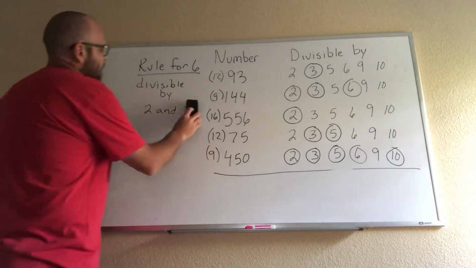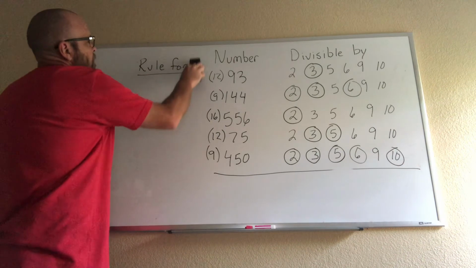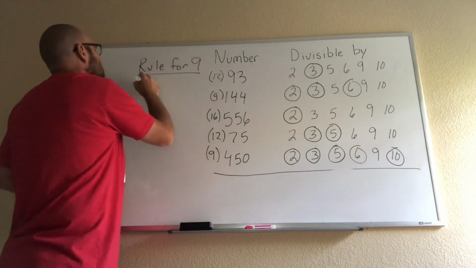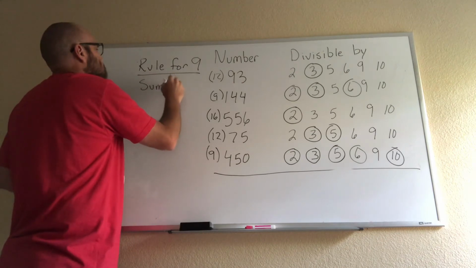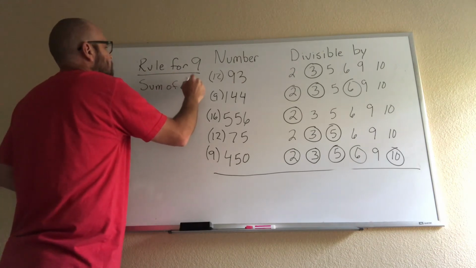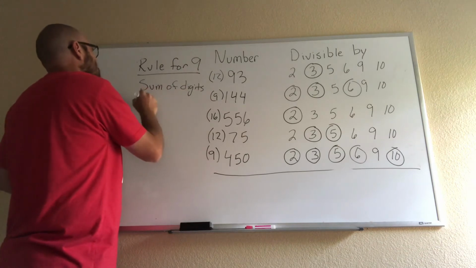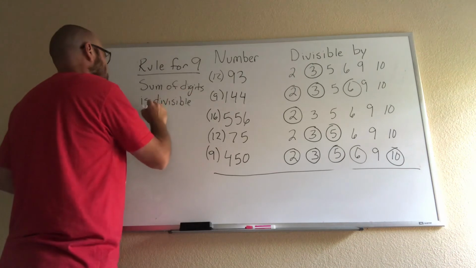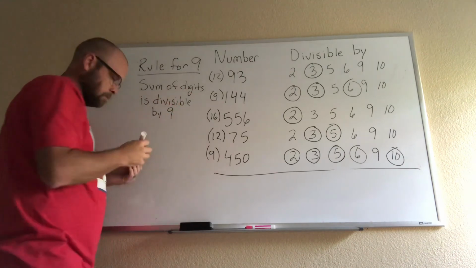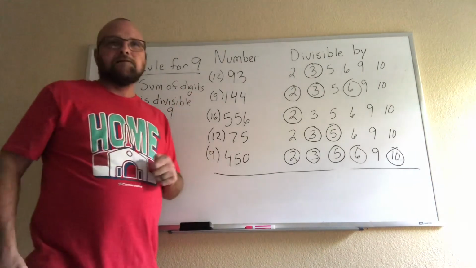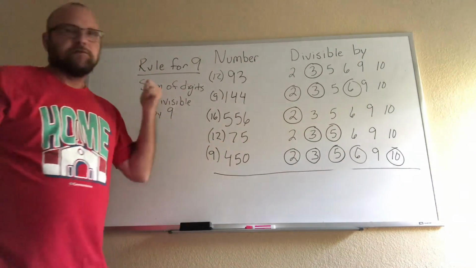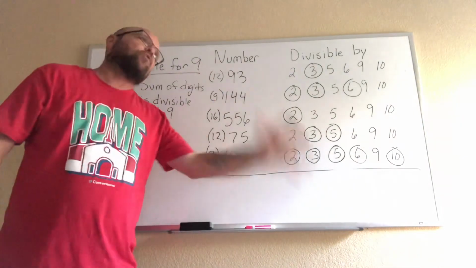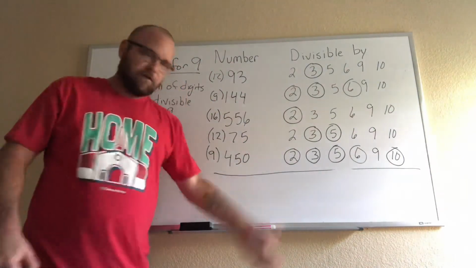The rule for 9 is very similar to the rule for 3. The sum of the digits is divisible by 9. So it's 9, 18, 27, 36, 45, 54, 63.